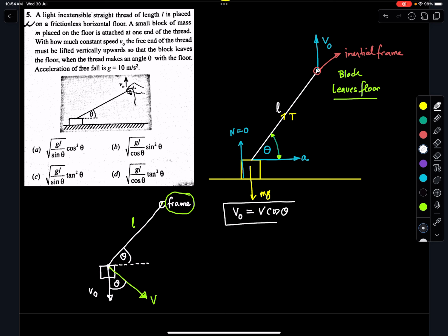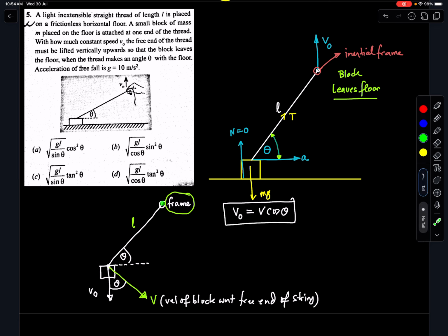Remember that this v is the velocity of the block with respect to the free end of the string, because with respect to the free end the block will be in circular motion, because there is no other option. If this length is fixed with respect to this one point, obviously it will either be at rest, or if any motion exists, it ought to be circular motion.